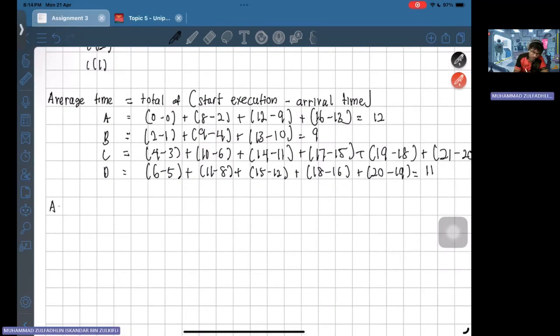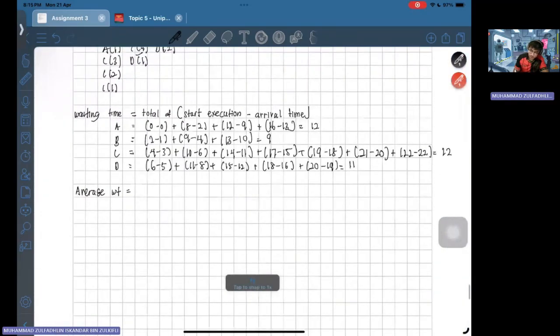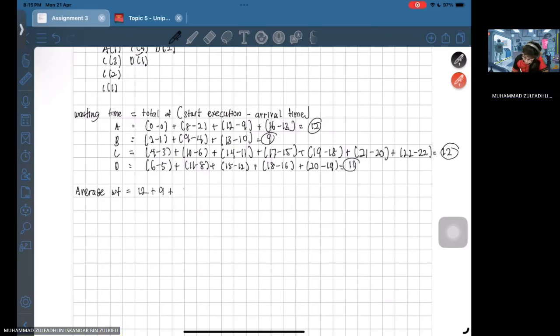So this is the waiting time, and this is the average waiting time. We have to sum up all of this: 12 plus 9 plus 12 plus 11, over the number of processes, which is 4.